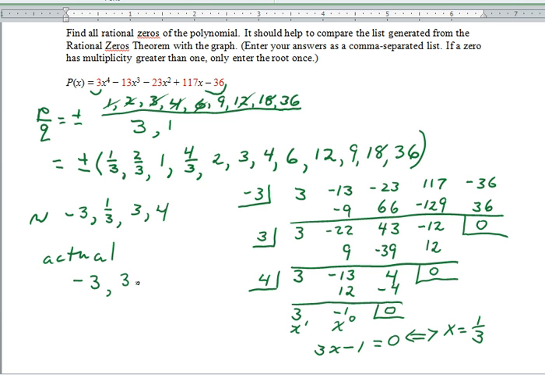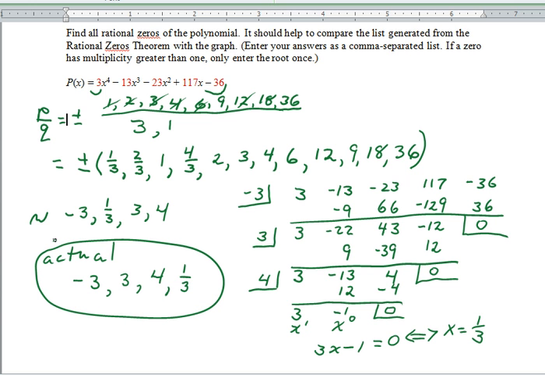So we have confirmed that 4 is a rational zero because we did get a 0 as a remainder in the last division. And we've confirmed that 1/3 is an actual zero because 1/3 is a zero of 3x minus 1. So the actual zeros here were -3, 3, 4, and 1/3.